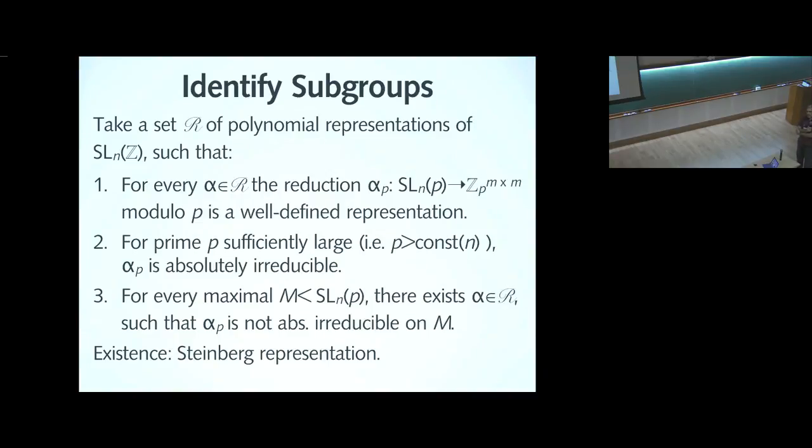If I have a random finite matrix group, its irreducible representations are not polynomial.